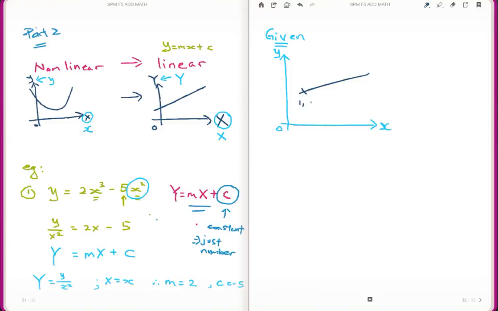This graph is not plotted on graph paper, but just an ordinary piece of paper, so you will not be able to scale it. Okay, this is the question given.